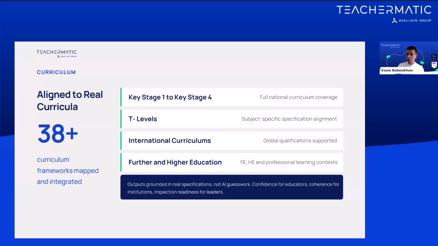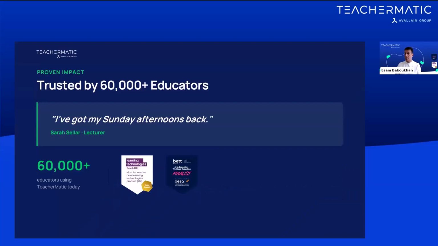We've mapped over 30 and nearly now 40 different curriculum frameworks across the UK and internationally. And the key thing is this. It's not just recognizing them, it's actually using them. So when you generate something, whether it's a lesson plan or a scheme of work or an assessment, it's grounded in your actual specification, not a generic version of it. And that means you start seeing real references here.